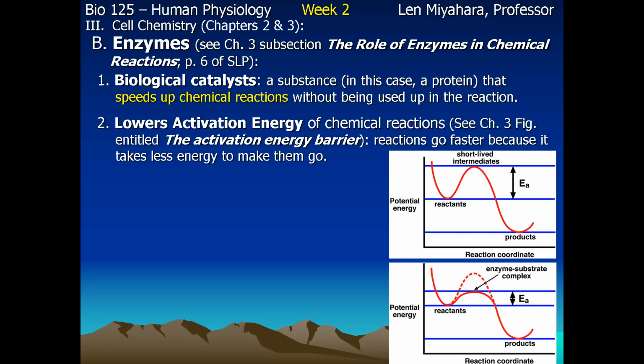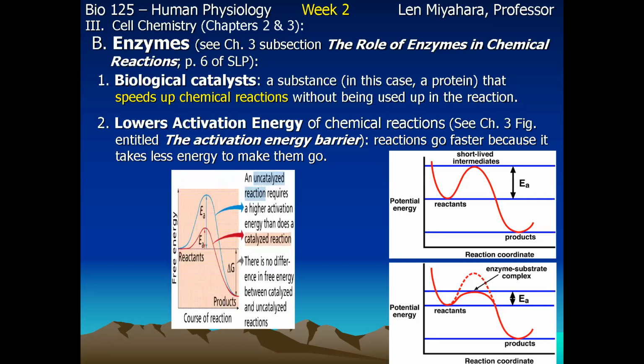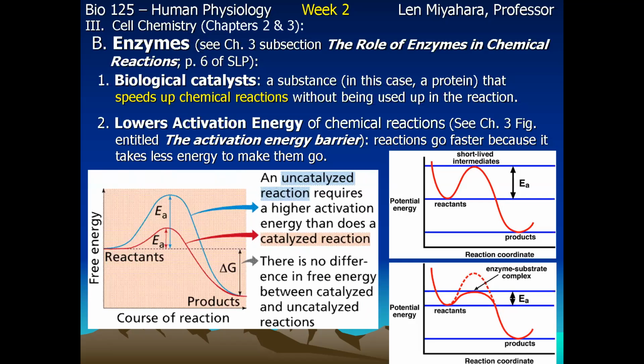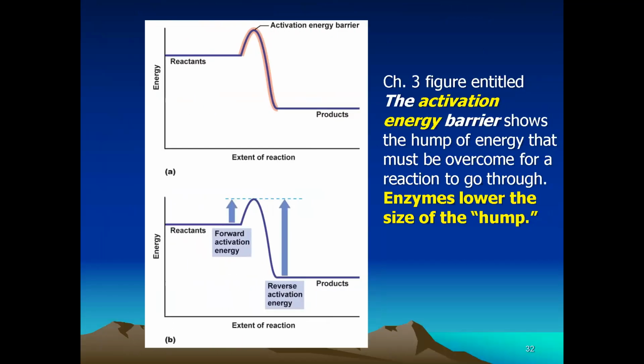I'm just going to put it on the whiteboard. Hopefully that'll ring a bell when you look at it later. Okay. Without the catalyst, it's the blue line. With that enzyme, it's the red line. And it's going to go faster. It lowers the hump. From your textbook, it lowers the hump.